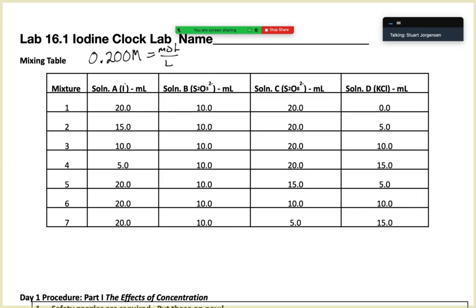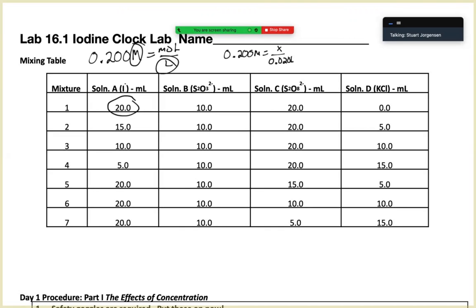For mixture one, we measured out 20 mils of solution A. If we know the volume and the molarity, we can solve for the moles. And those moles are going to stay the same no matter how much you dilute. So we plug in what we know for that first reaction: 0.200 molar equals some amount of moles over 0.020 liters.